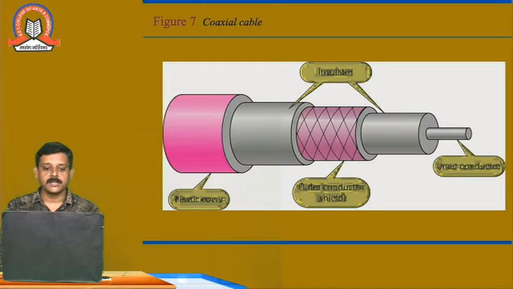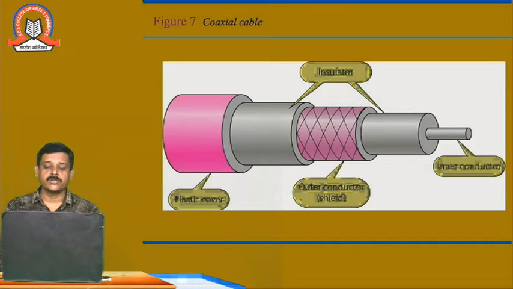Then the next is coaxial cable. Friends, coaxial cable we usually see in television lines. The black wire which we use for a cable connection or a television connection has an inner core conductor made of metal, usually copper wire, which is covered with a plastic insulator.